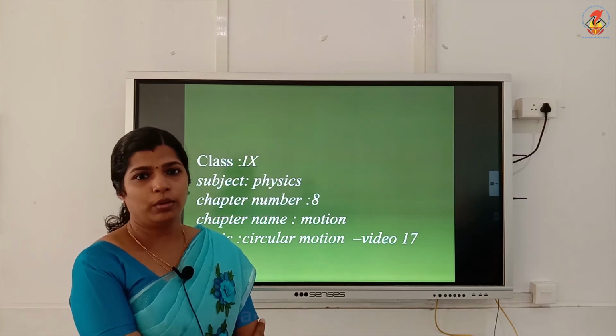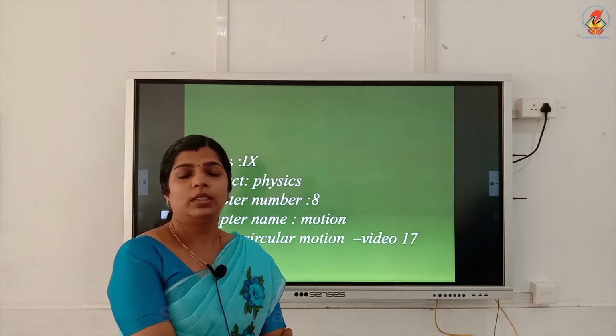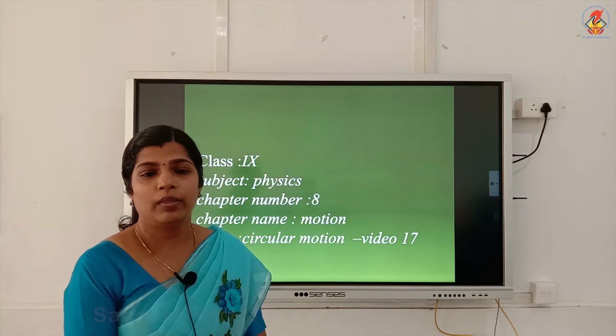Uniform motion, you know, is when an object covers equal distance in equal intervals of time.